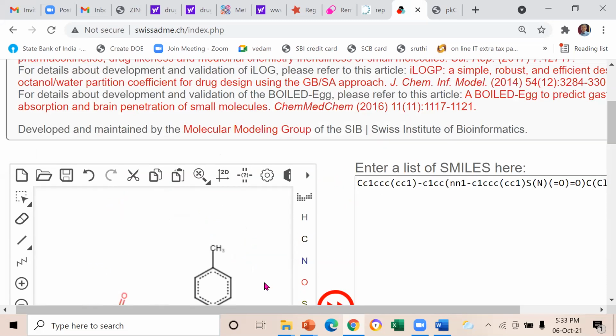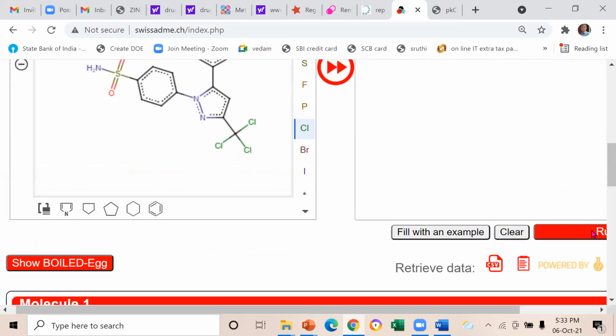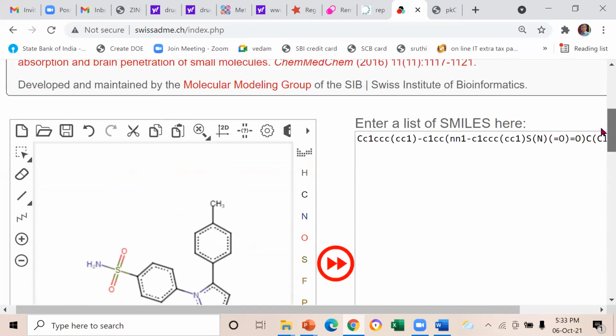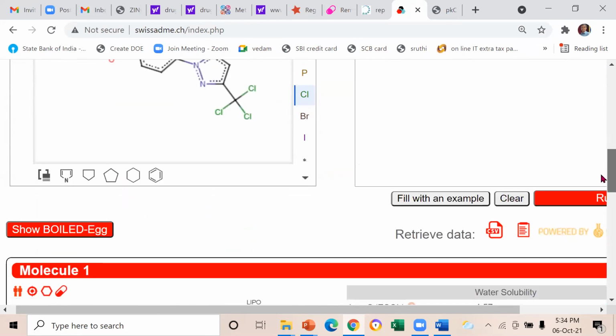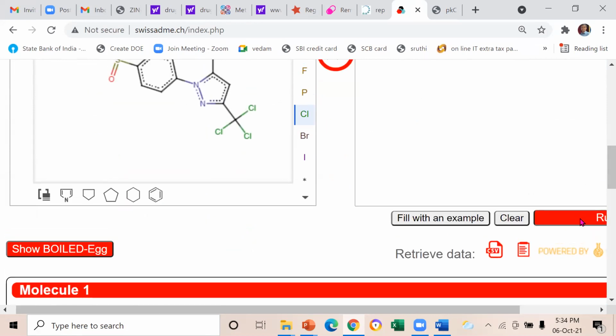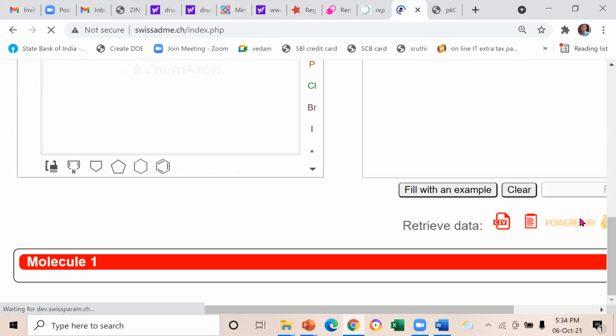So the fluorine, I have made the whole thing chlorine. Can you see this? Yes, sir. So I made it into chlorine, and then I see whether the properties change, based on my chemistry knowledge and medicinal chemistry knowledge.